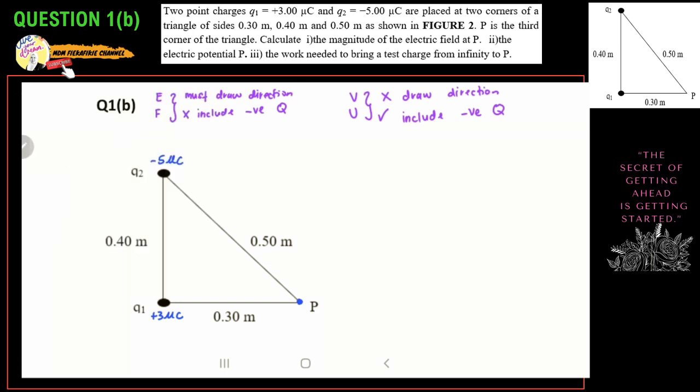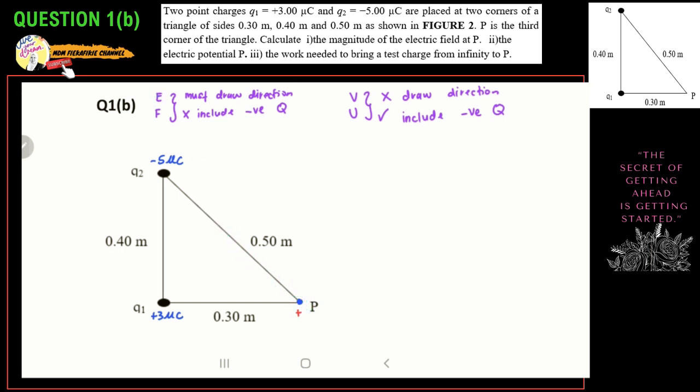So let's start. On P, we consider this as positive. Look here, we have positive and this is negative, which means the direction of the electric field at point P due to Q2 should be in this direction, P attracted to Q2.